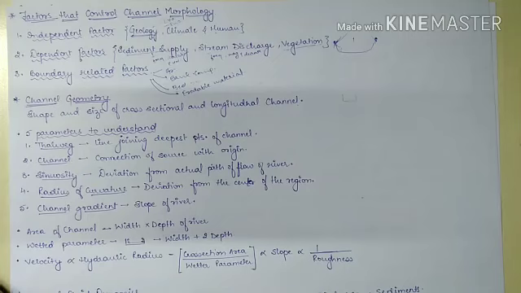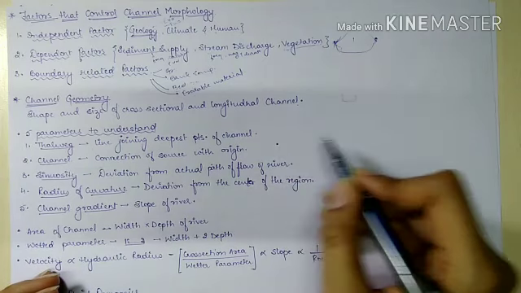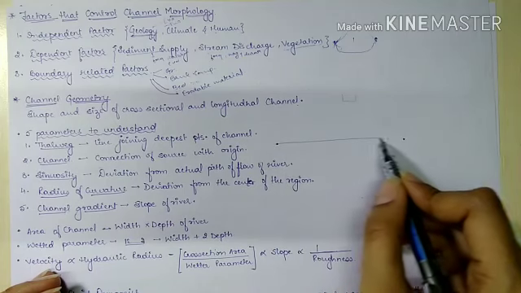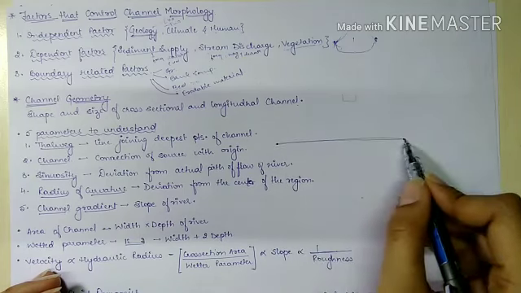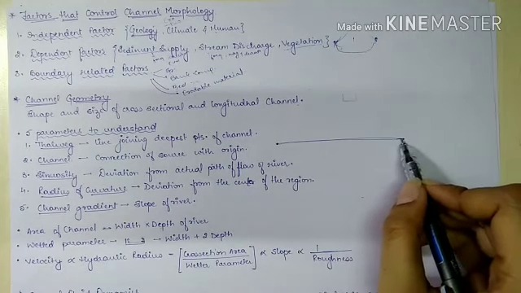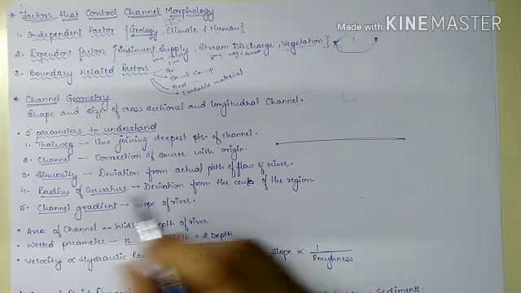The first is Thalweg. We have studied Thalweg, that is the line joining the deepest points in the channel. Next is channel. This is the origin of the stream, and this is the end of the stream. So this whole is a channel, the connection of the source with the end.